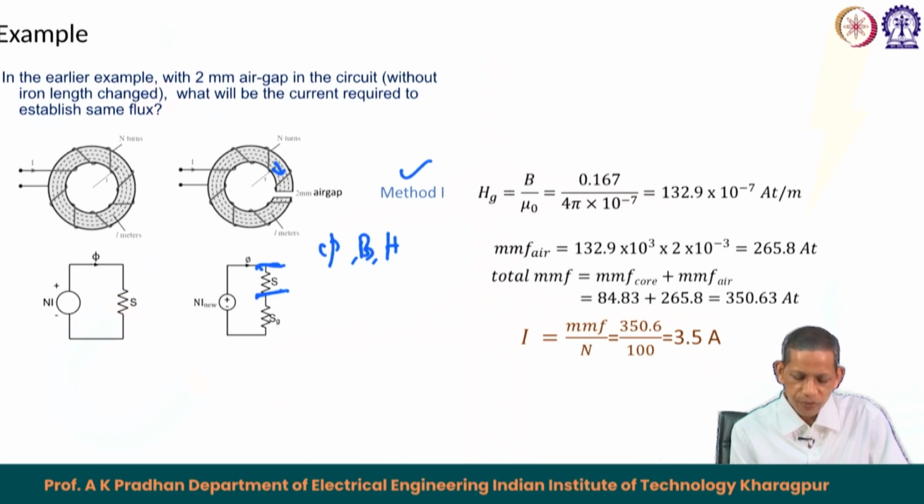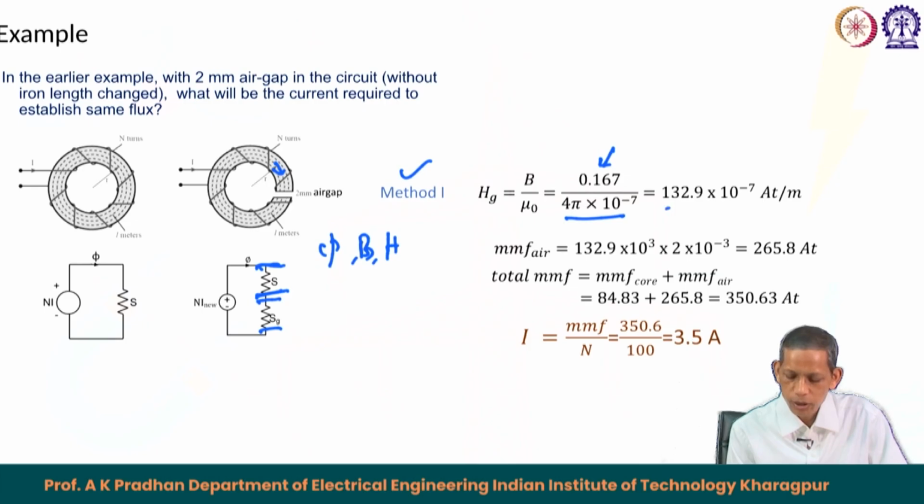Now, for the gap part we will calculate H g. The flux density B is the same, because phi by A is the same, A g equals A c. So, H g equals B upon mu naught, with mu r equal to 1 for the air gap. This B is already calculated in the earlier example, 0.167, upon mu naught equals 4 pi into 10 to the minus 7.